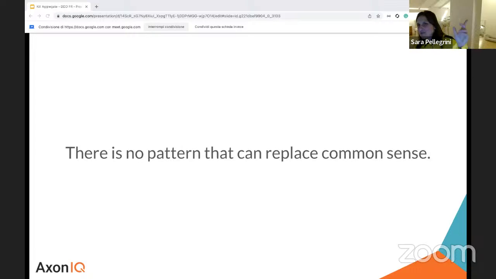So I believe that the answer is the same as before. The point was absolutely not to go against this idea of boundary that is behind the aggregate. The idea of containing complexity is something we believe in. The idea of cohesion and decoupling is something we believe in.